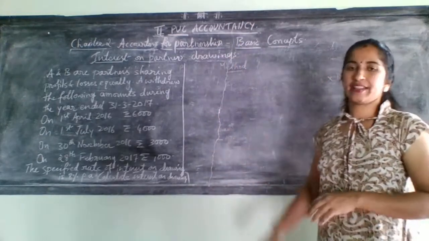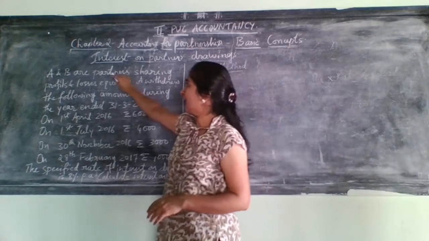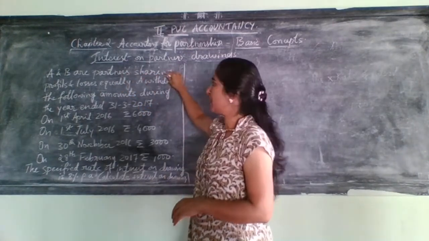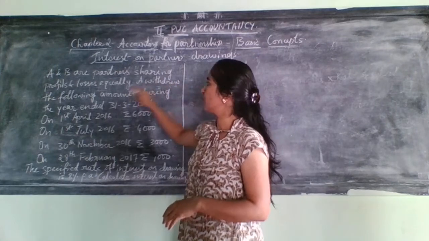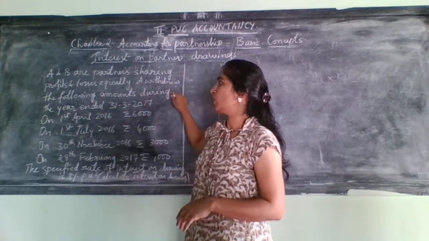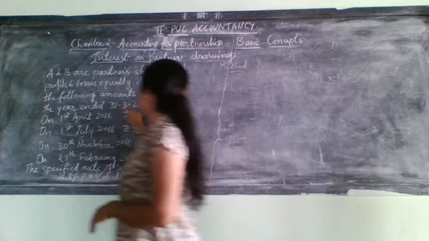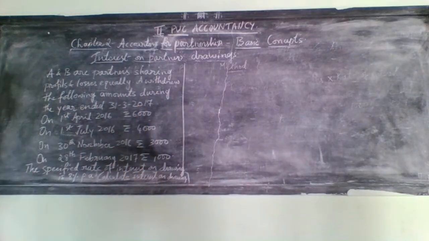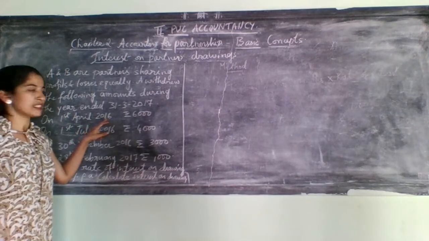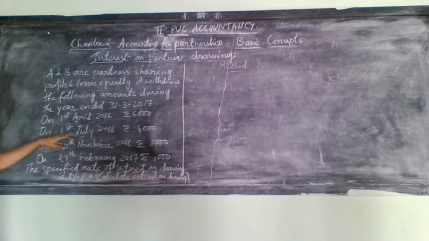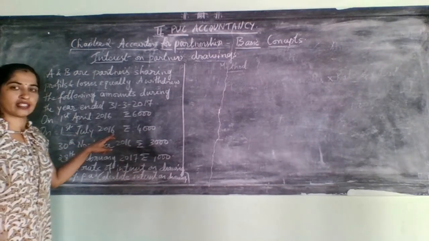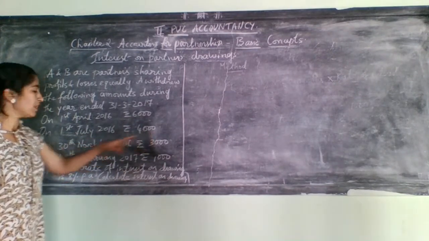Here is an example. A and B are partners sharing profits and losses equally. A withdrew the following amounts during the year ended 31st March 2017. On 1st April 2016, rupees 6,000. On 1st July 2016, rupees 4,000.